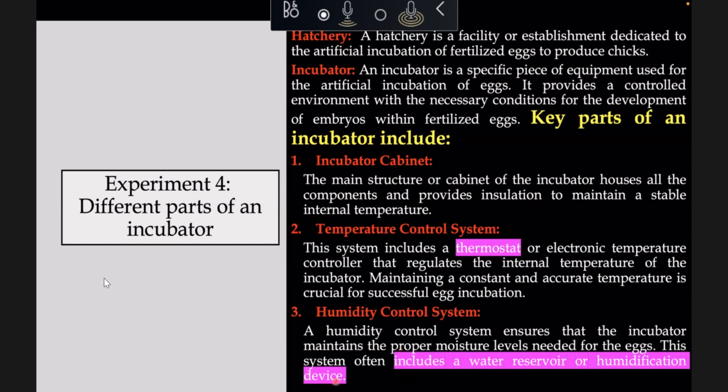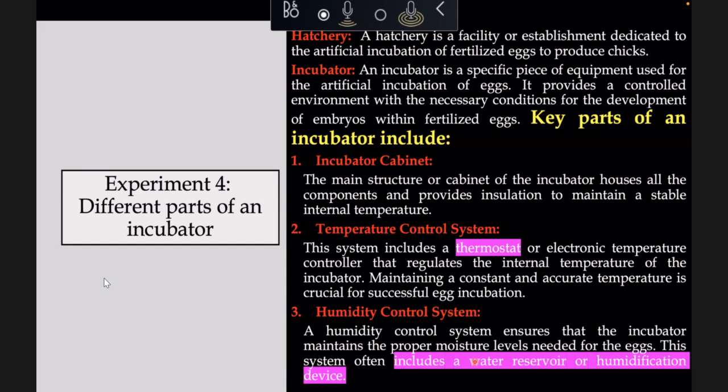But in case of smaller or locally made incubators, we may not have a humidification system inside. So we can put one tray of water inside. আমরা ভেতরে স্বাভাবিক তাপমাত্রার একটা ট্রে রাখতে পারি, and we have to look when the water is evaporated, we have to give another tray of water inside, so that there is no scarcity of humidity.